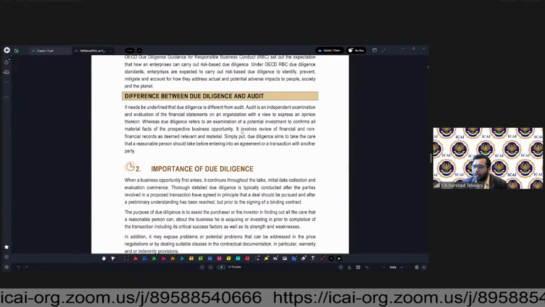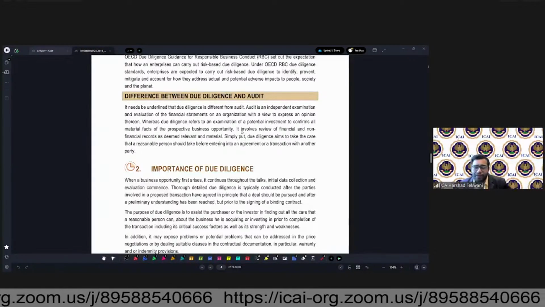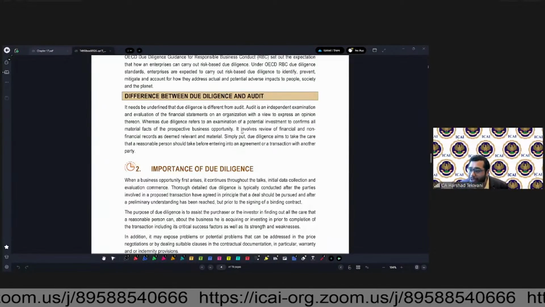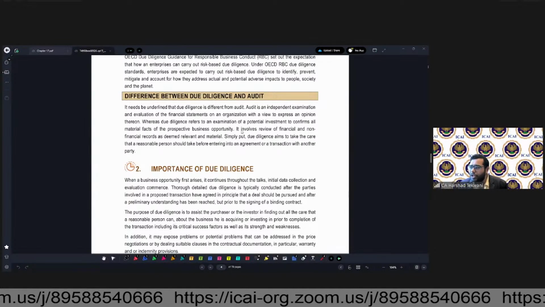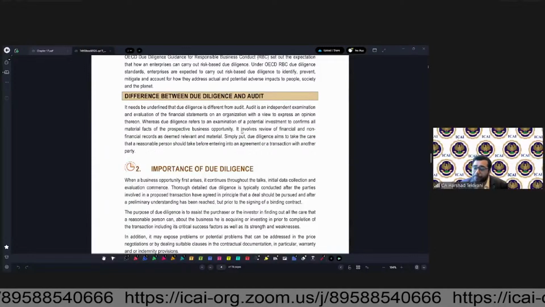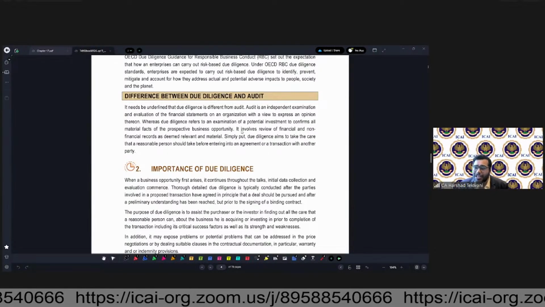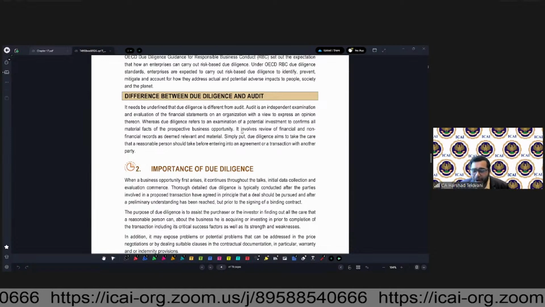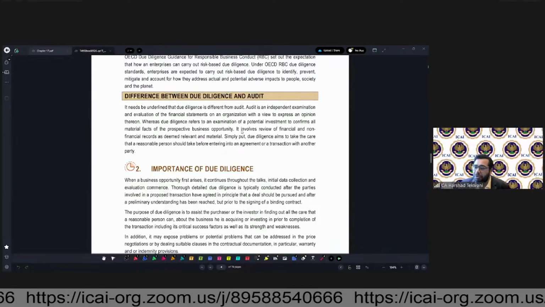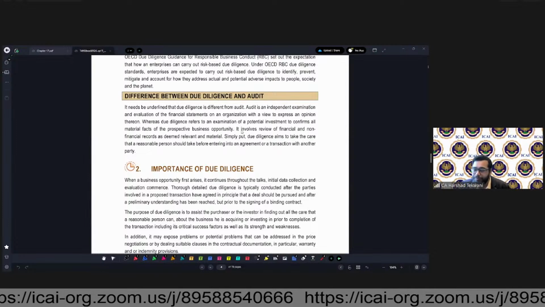Timing. Due diligence is conducted before a transaction, whereas audit is conducted annually. So in due diligence, you don't have a timing per se. Regulatory requirement. Audit is required as per the Companies Act 2013, but due diligence is not mandated as per the regulation. It is dependent upon the investor.